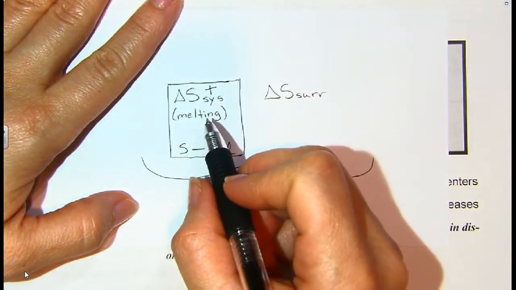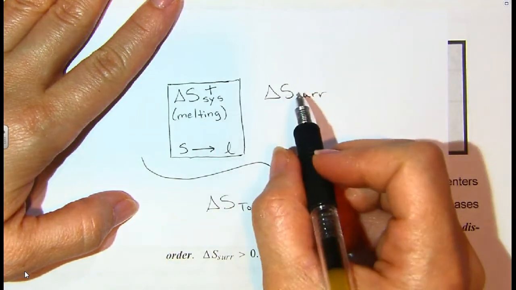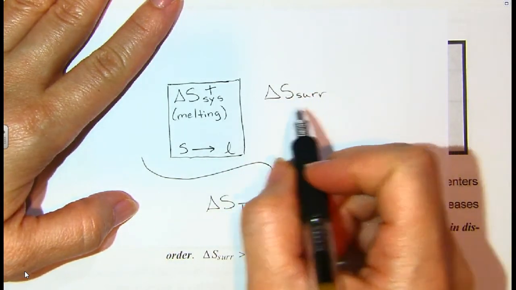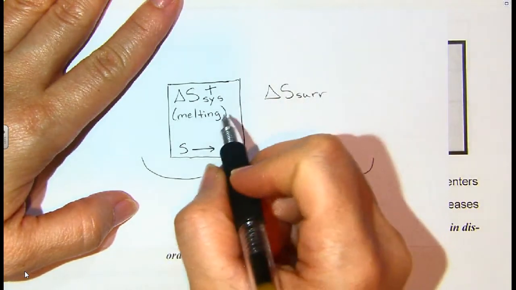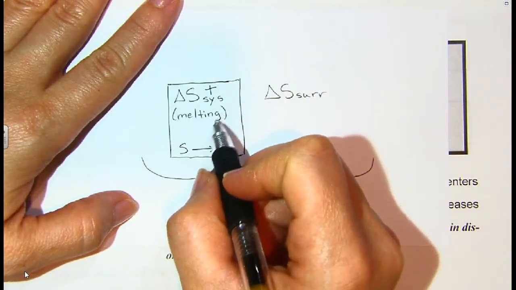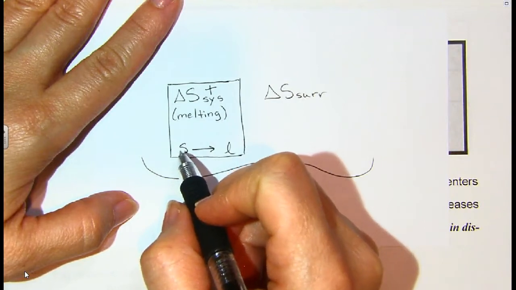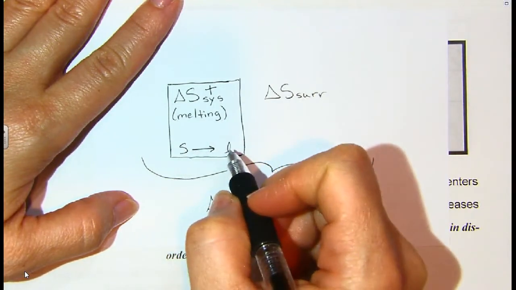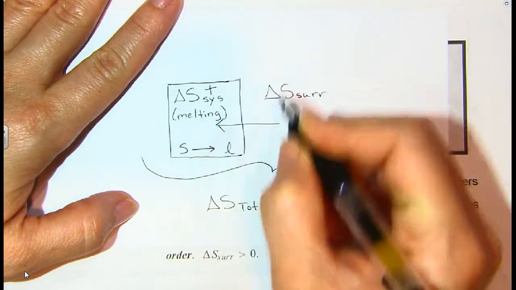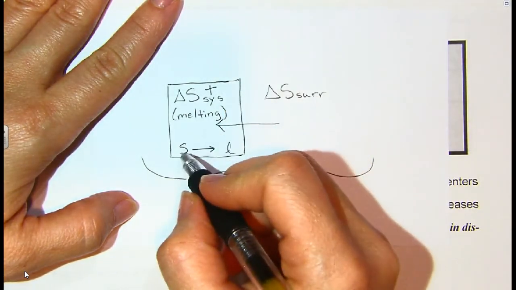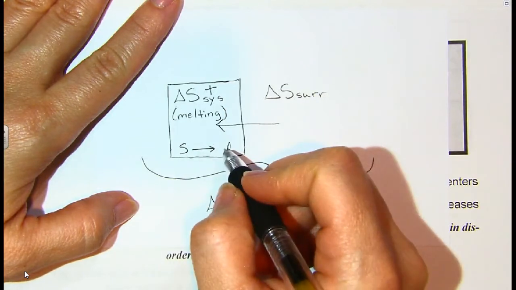However, the process of melting, in order to figure out our delta S of surroundings, we need to know what the heat flow is like between the system and the surroundings. Melting is an endothermic process. The solid has to absorb heat in order to melt and become a liquid. So the heat must be flowing from the surroundings into the system in order to make the solid melt and become a liquid.